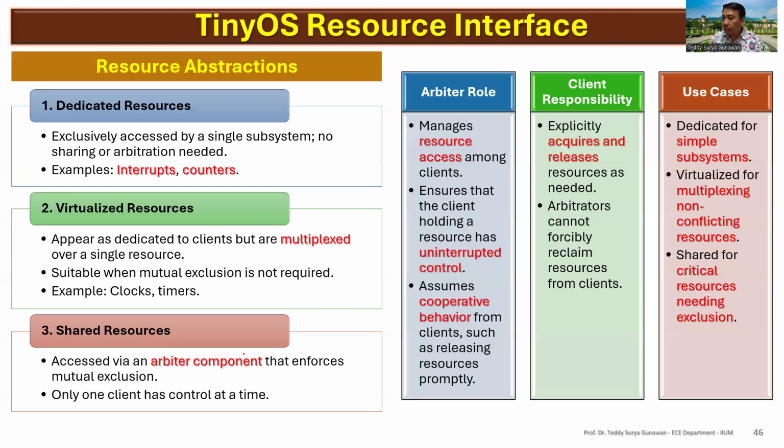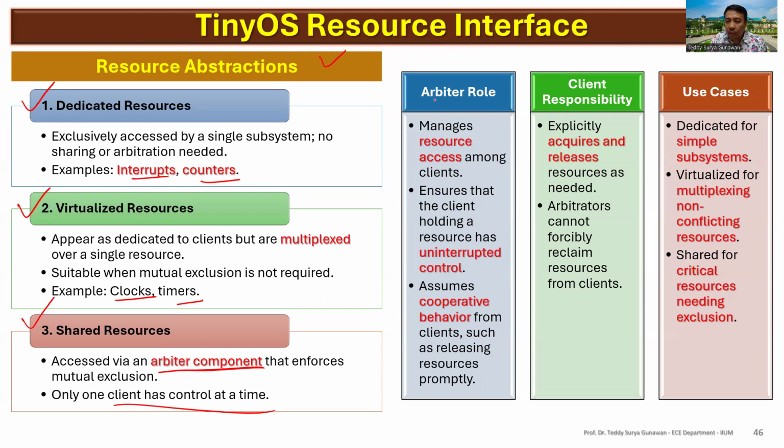As for the interface, the last one is resource abstraction. We have dedicated resources like interrupts and counters. We have virtualized resources, like clocks and timers. And we have shared resources, which can be accessed via arbiter components. Only one client has control at a time.